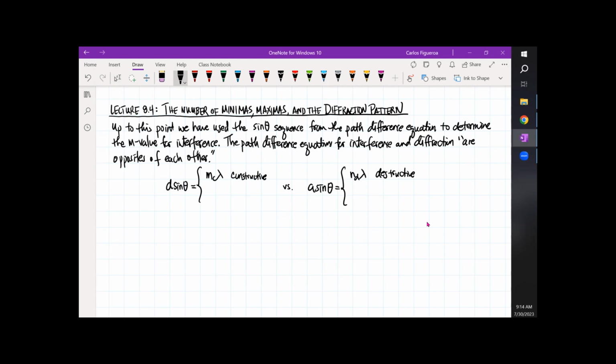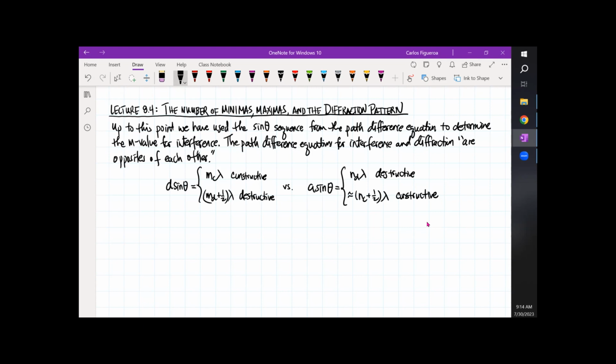And if you look at destructive for interference, we wrote (m plus 1/2) lambda for destructive. On the other hand, this is an approximate value. It's not an exact value. This was (n plus 1/2) lambda, and that gave constructive. And that's what I mean by them being opposite.